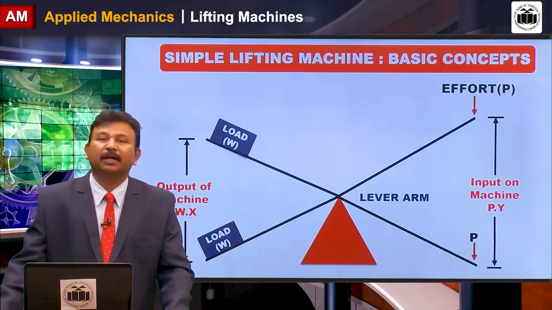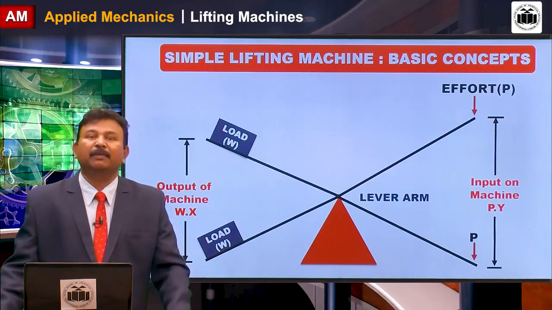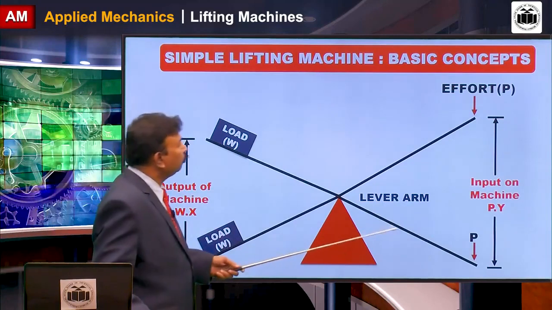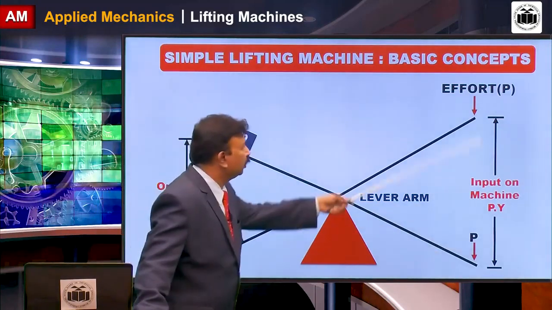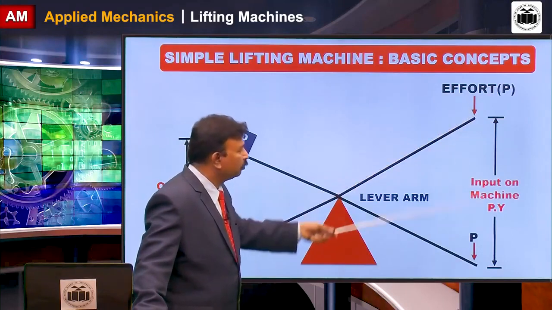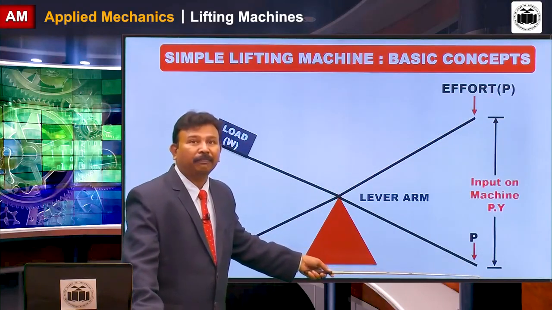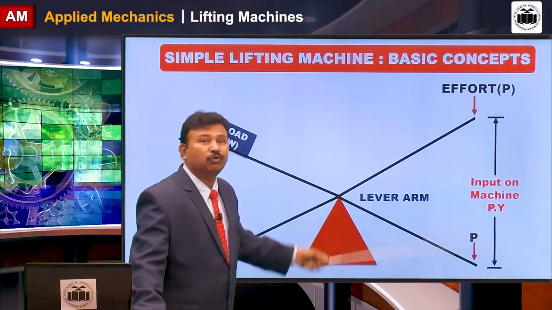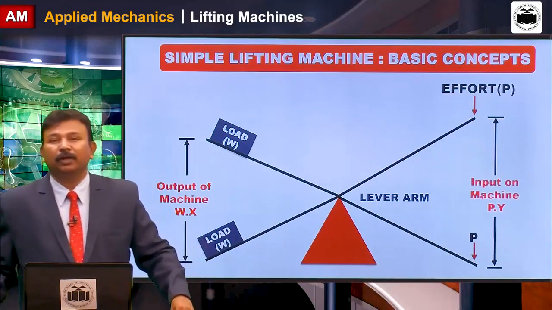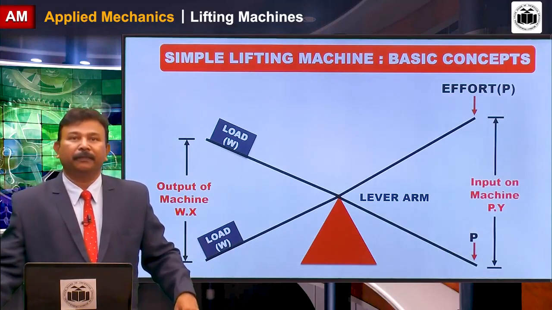So it is nothing but load W multiplied by the distance travelled by the load. As well as we are giving input to the machine in this particular zone. Here is the initial position of the load, and the effort is moving by distance y. So P into y, that is work done, and it is nothing but input to the machine.